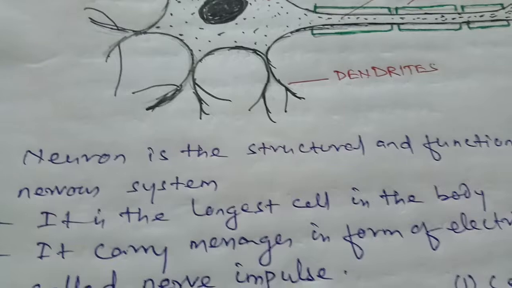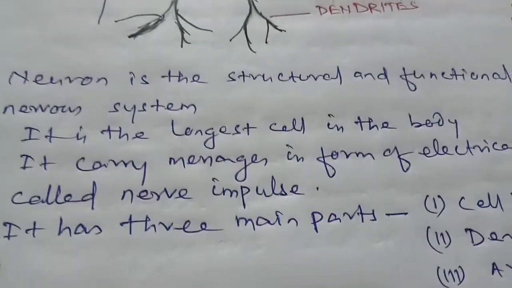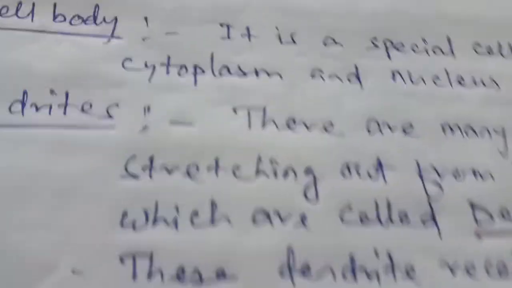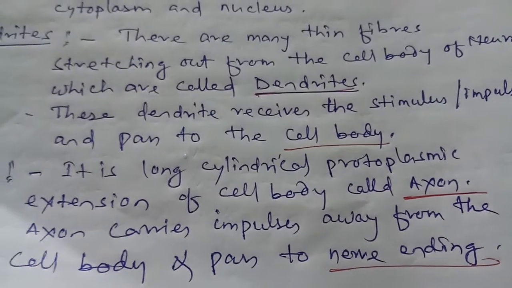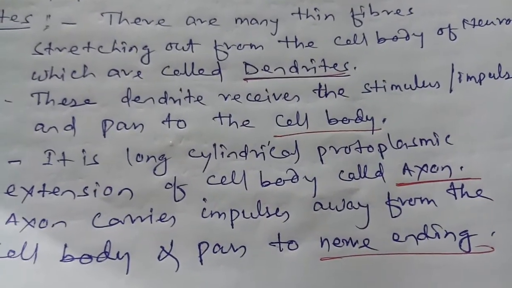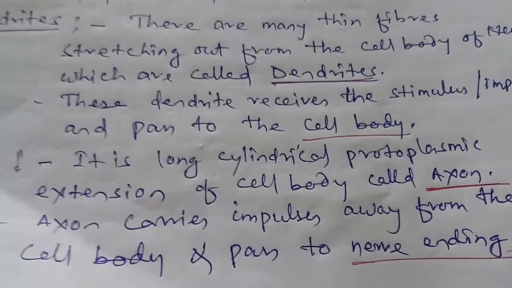Dendrites, students, are the cytoplasmic extensions that actually receive information from all over the surroundings. And finally, the axon is a long cylindrical protoplasmic extension of the cell body which carries impulses away from the cell body and passes them to the nerve ending.